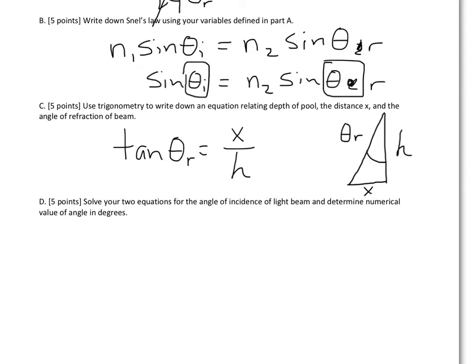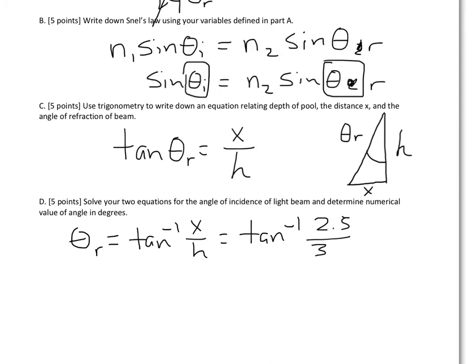All right, so now we can solve for theta r using the equation from part C. It's the inverse tangent of x over h, which is the inverse tangent of 2.5 over 3.0, which is 39.81 degrees.